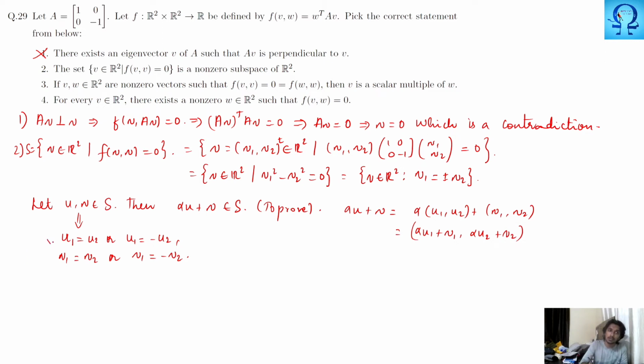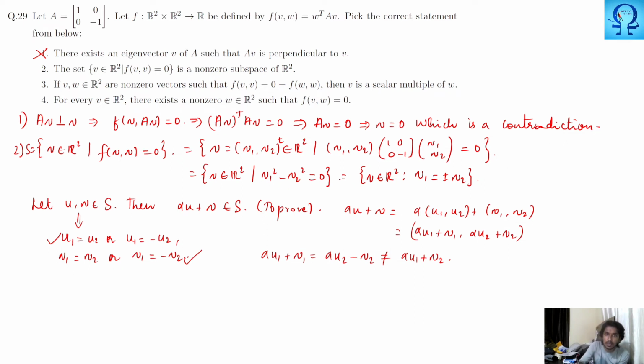I am considering this case. Then in place of u1 you can replace u2, so alpha u1 plus v1 is alpha u2, and in place of v1 I'll replace v2, which is not the same as alpha u1 plus v2. If I choose the first case in both and second case in both, then they turn out to be equal, but that is not always the case.